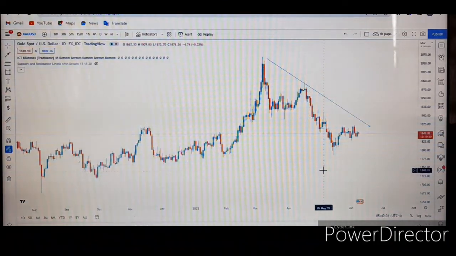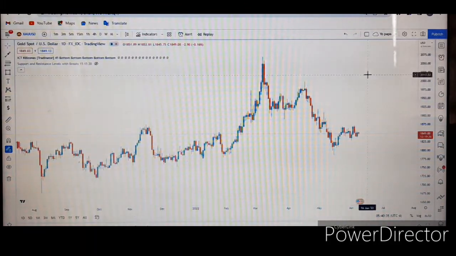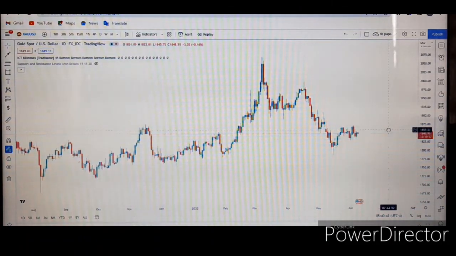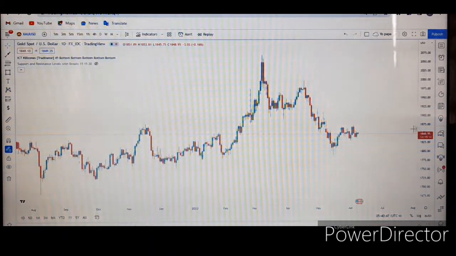So today I'll be showing you how I normally do my analysis. First of all, I'll go on the daily time frame, because I am an intraday trader and a scalper. I don't hold for long. I just get into the market for 4 hours and I'm done. When I say 4 hours, I mean a session.